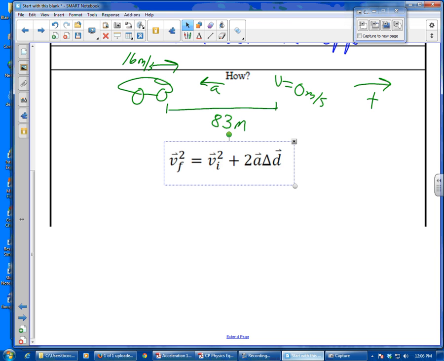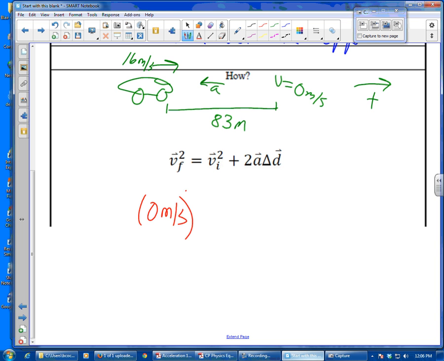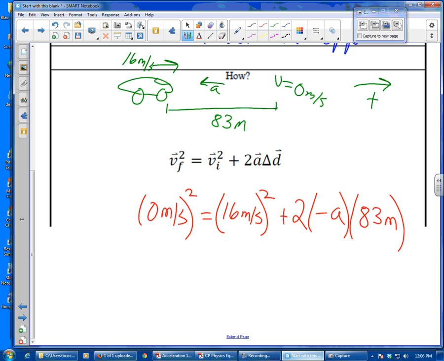So my final velocity here is 0 meters per second. I need to remember my grammar, that's squared. My initial velocity here was positive 16 meters per second. Don't forget my grammar, square that. Plus 2 times negative a, and then my displacement, which is 83 meters. Good so far?